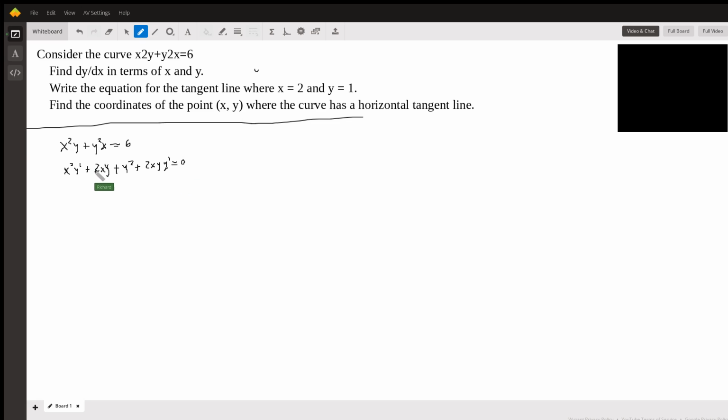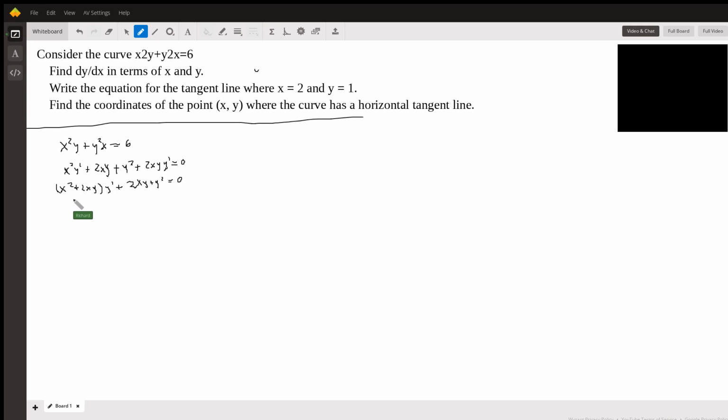So this is called implicit differentiation. So we're going to combine our terms here that involve y prime. You're going to get x squared plus 2xy times y prime, and then 2xy plus y squared, because they don't involve y prime, equals 0.